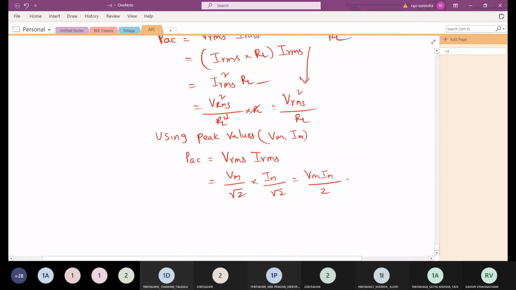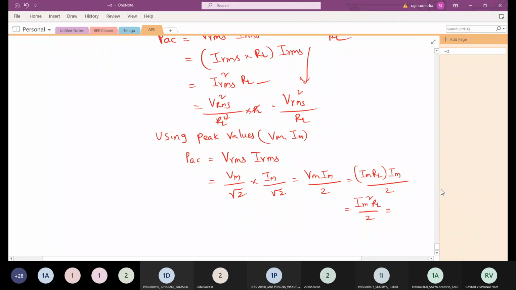VM is nothing but IM into RL. Now we can write this as Im square RL by 2. Again, Im is nothing but Vm by RL.